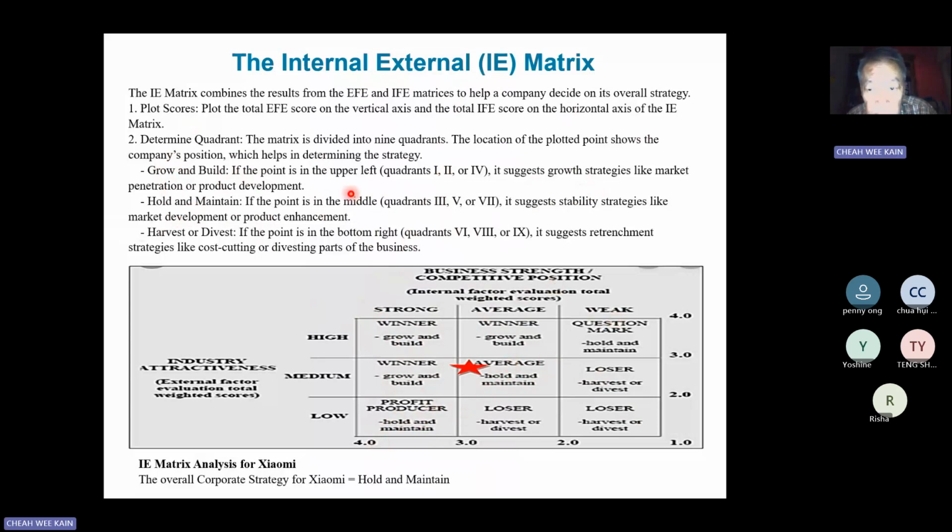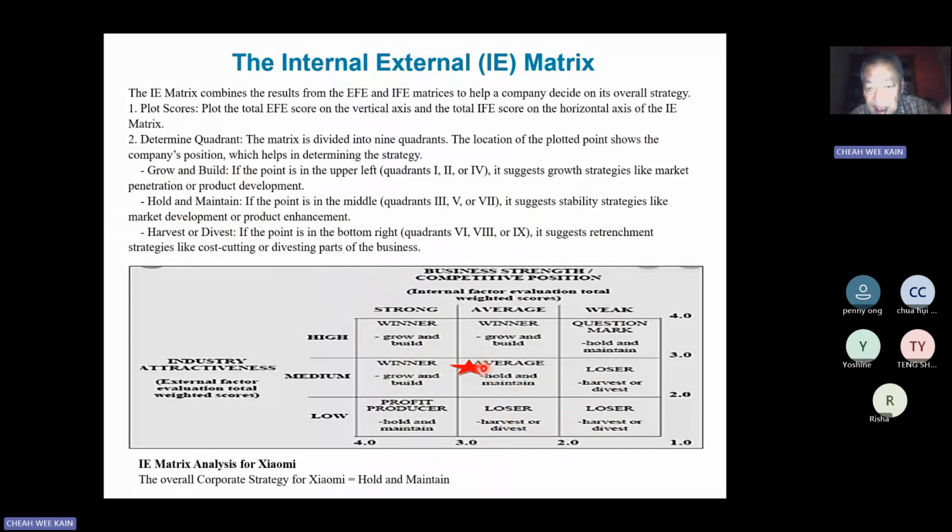So, market development or product enhancement. If you are divesting, you are here, 6, 8, 9. So this is the loser one. The loser one, you better get out. So this is just for information here only.